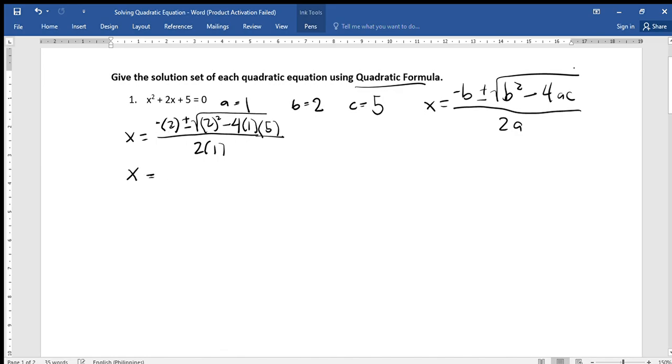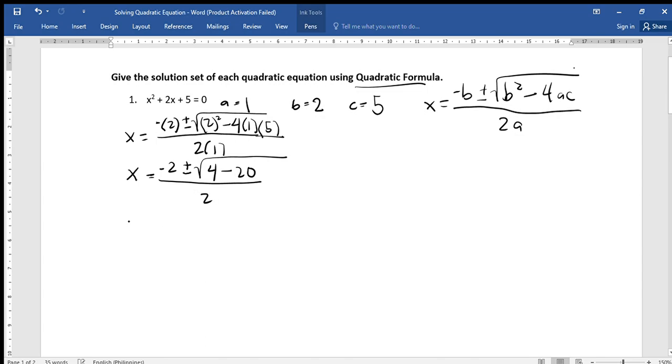Negative times 2 is negative 2 plus minus square root of yung 2 squared natin, 2 times 2 is 4, minus 4 times 1 is 4, times 5 is 20. All over 2 times 1 is 2.